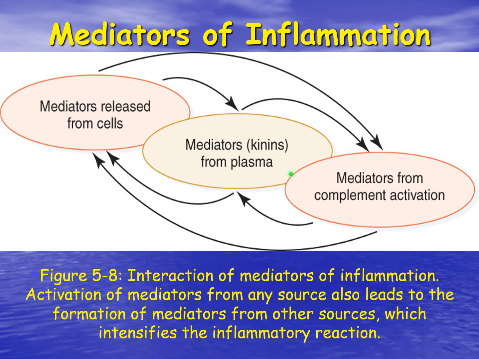And the same thing with the kinin system. And so this literally feeds upon itself, and that is why sometimes we need to actually dampen this response down by using oftentimes anti-inflammatories such as an antihistamine or a nonsteroidal anti-inflammatory drug.